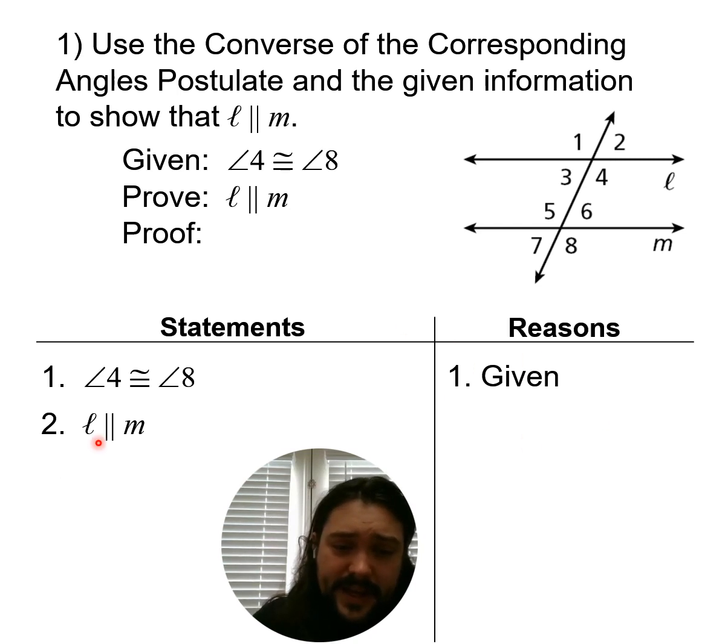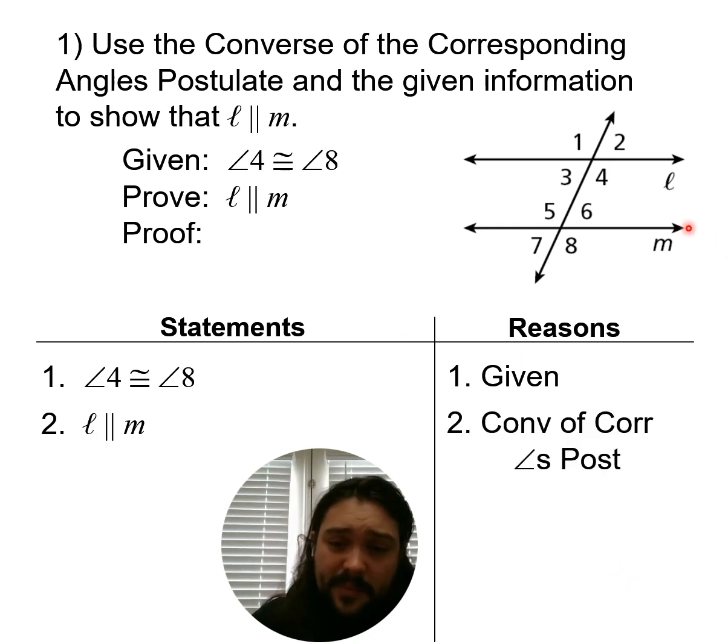Somebody told us that. We can then directly apply, because 4 and 8 are corresponding angles, the converse of the corresponding angles postulate to prove that L is parallel to M, because that is the transversal that cuts them. If those two are congruent, then they are parallel.